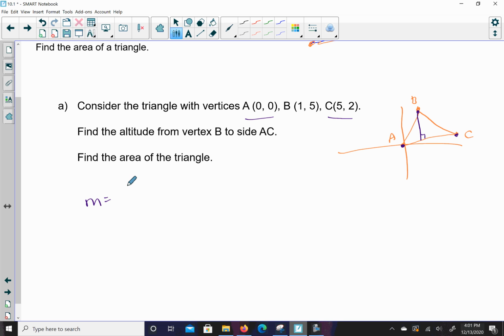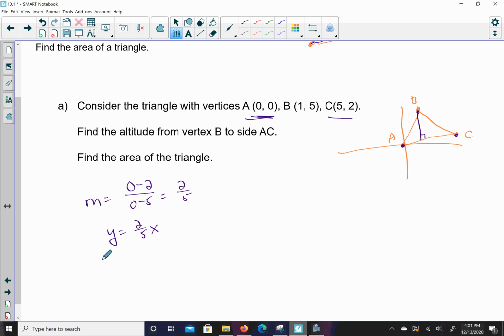So I'm going to take 0 minus 2 over 0 minus 5, and I'm going to get a slope of 2/5. Then I don't need to find the y-intercept because it's 0. So the equation of this line is y equals 2/5 x plus 0, because my b is 0.